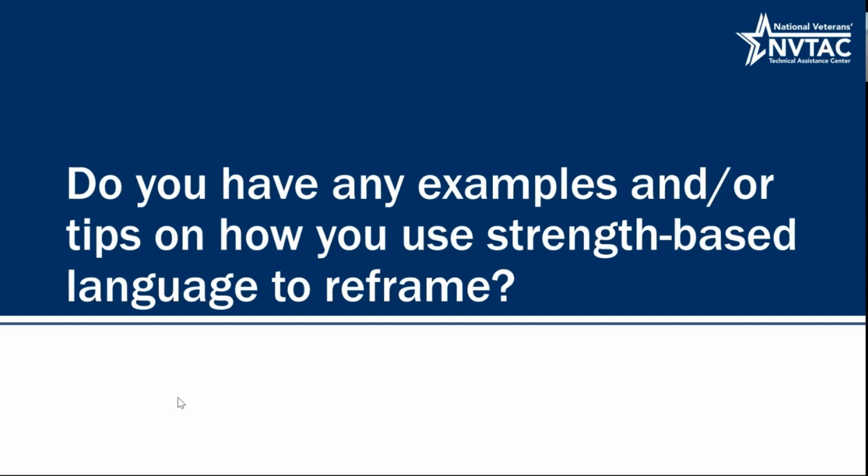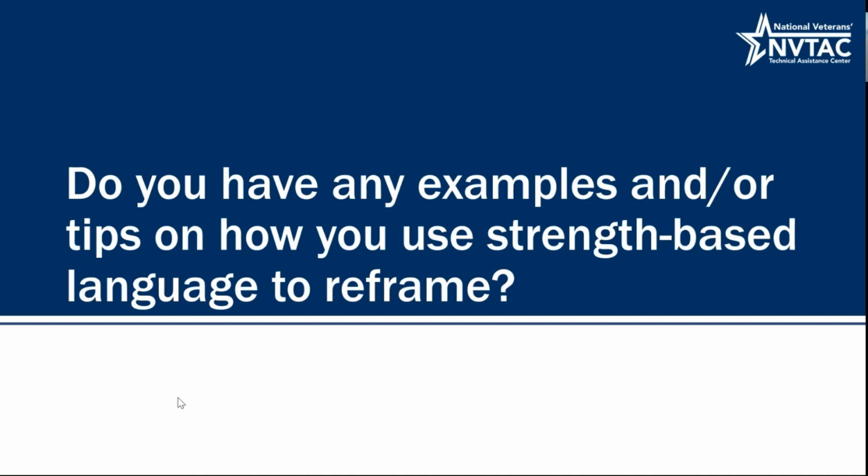Hello. For strength-based language, I find it super beneficial because the more that you do it, the more it becomes second nature. It's a balance of understanding that the barrier is very real, while also focusing on the strengths.